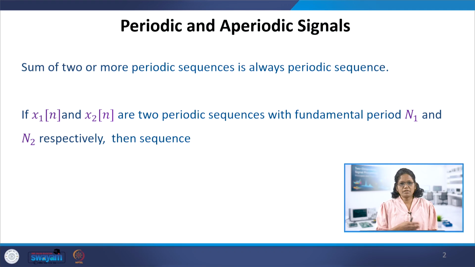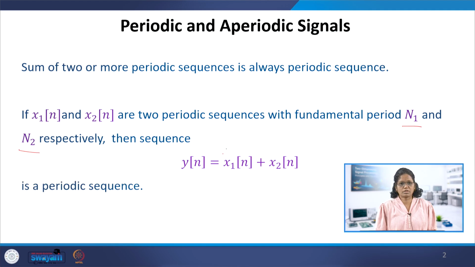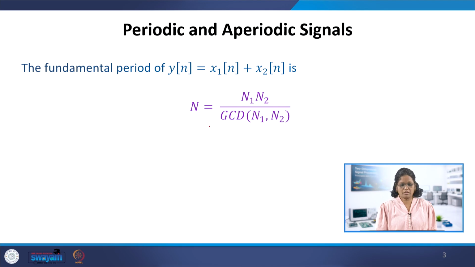For example, if x1 of n and x2 of n are two periodic sequences, x1 of n has the fundamental period capital N1, and the second one has the fundamental period N2. In that case, the sequence y of n, if we add the two, will also be periodic with a fundamental period N, which is given by N1 N2 by GCD of N1 N2.